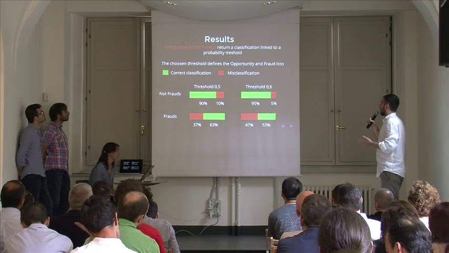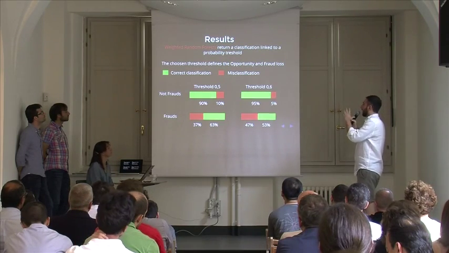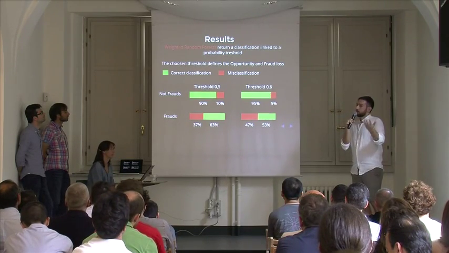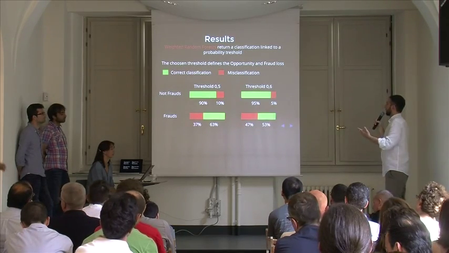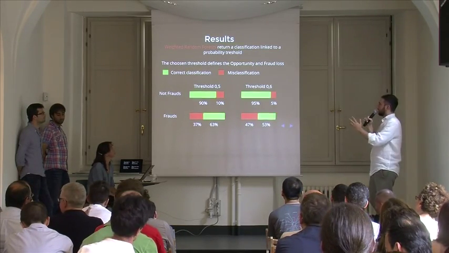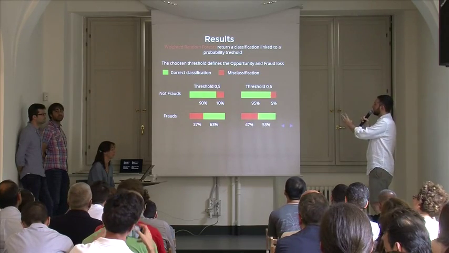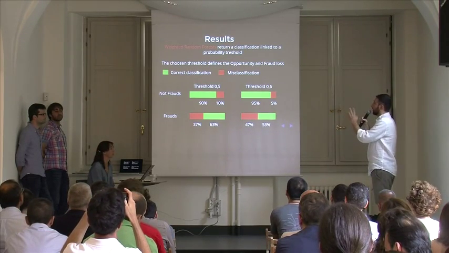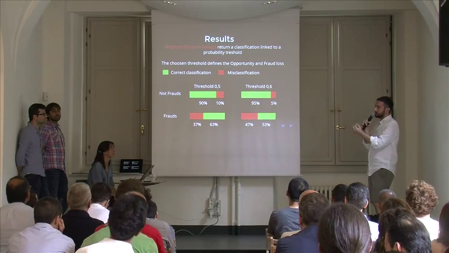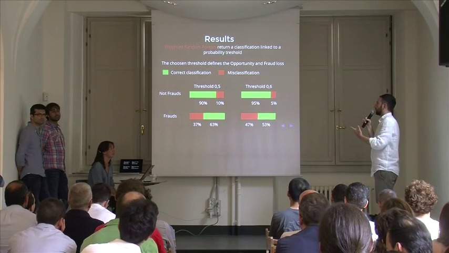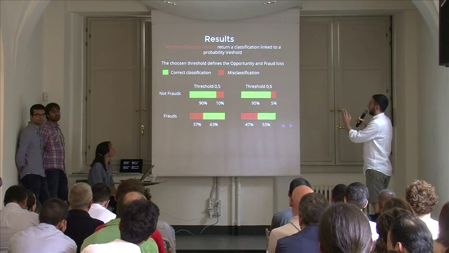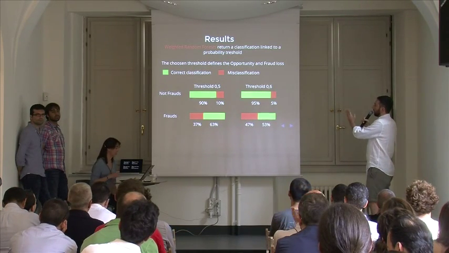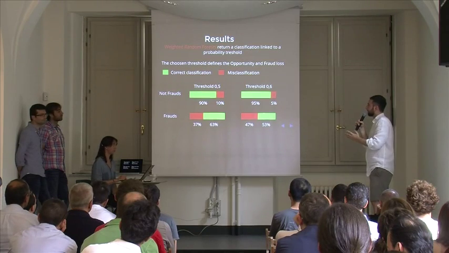Now we take a part of our data set, we can call it a validation test set, whatever. Remember that the weighted random forest returns a classification linked to a probability threshold. The threshold is crucial in the classification problem, and it defines the trade-off between the opportunity loss and the fraud loss.